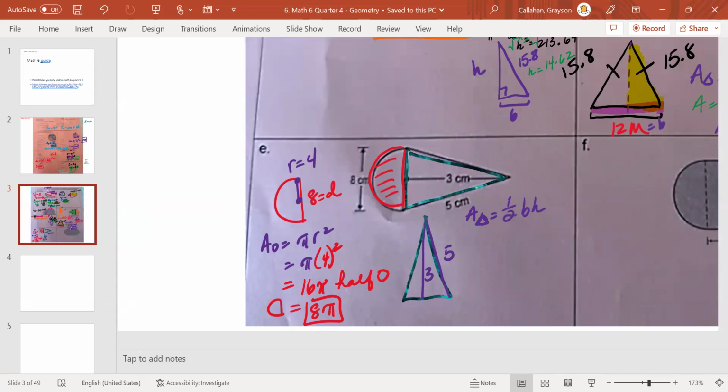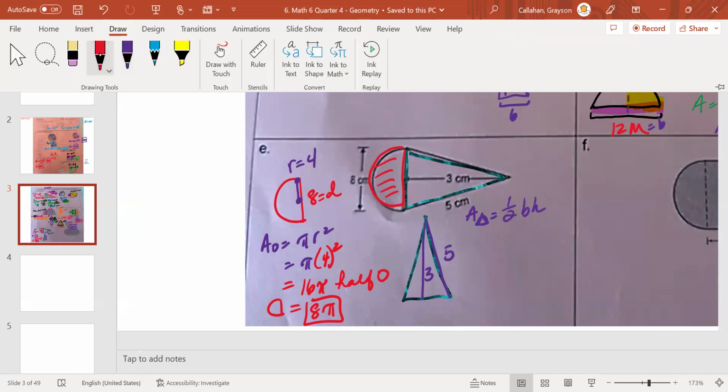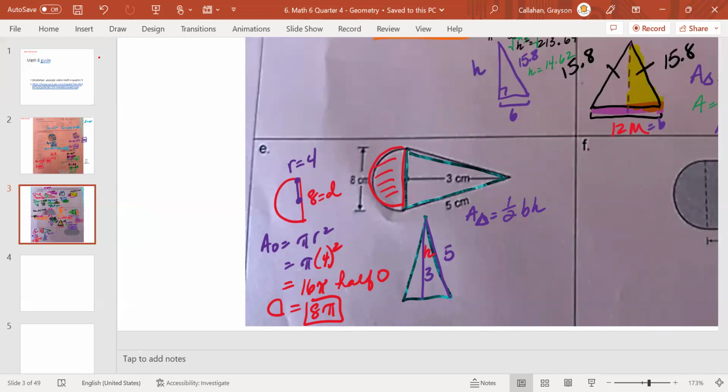Gotta memorize that. Let's label it. Which one is your height? Nope, that's your hypotenuse. Which one is your base? Good. Okay. So we have both of those.